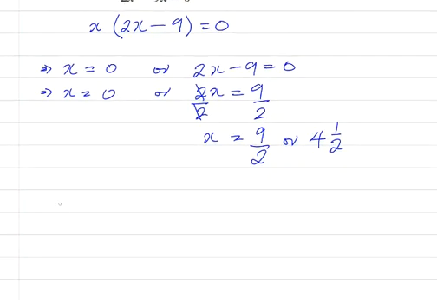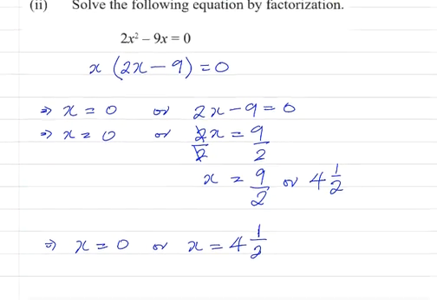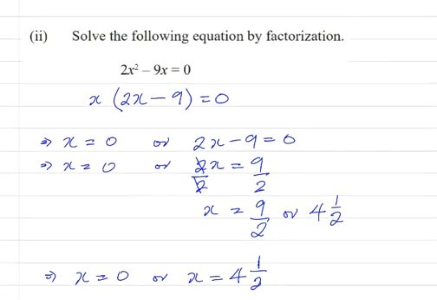So my two answers are x is equal to 0 or x is equal to 4 and a half. Whenever you solve a quadratic equation, you must end up with two answers.